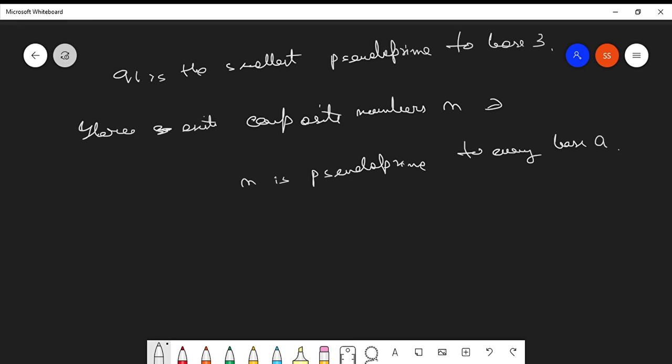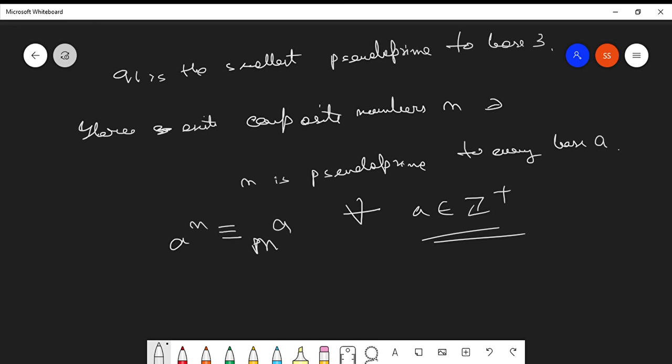What I actually mean is that a^n is congruent to a mod n for all a belonging to the set of positive numbers. Okay, just like the examples which we were viewing just now, that is 217, which was pseudo prime to the base 5.